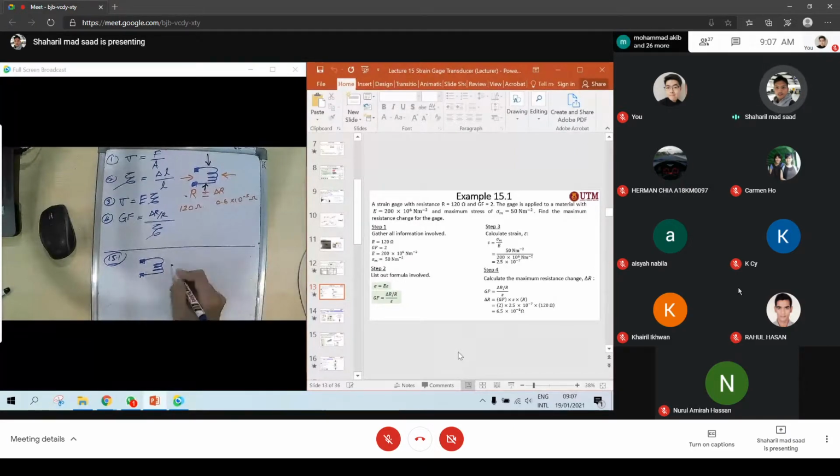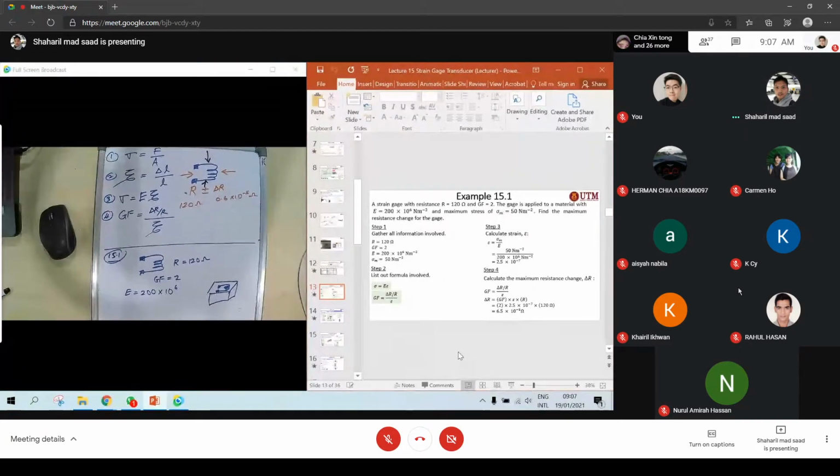The R is equal to 120 ohm, and the gauge factor is equal to 2. The gauge is applied to a material with Young's modulus E equal to 200 times 10 to the power of 6. So this is your material, for example, and you apply your strain gauge here. It's something like that.